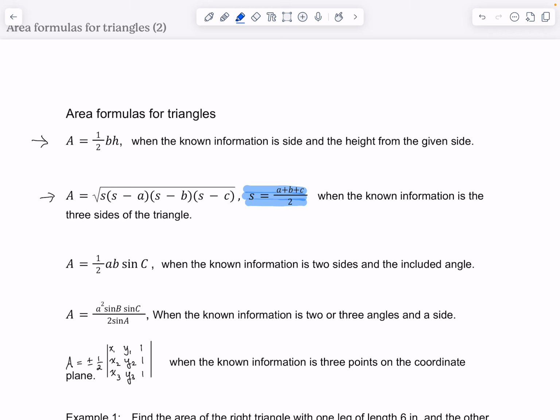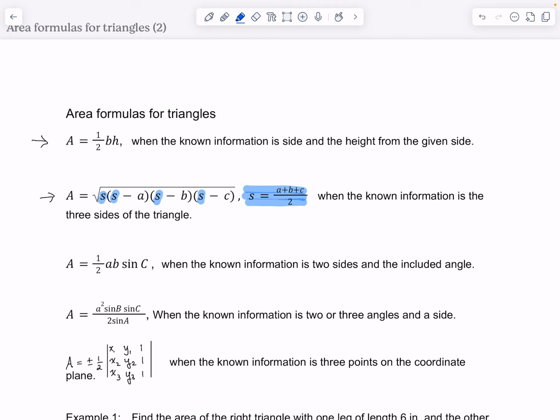That's our value of S. And then our area is equal to the square root, and make a long square root, of that numerical value S that we found, times the quantity S minus the side length A, multiplied by S minus the side length B, and then S minus the side length C, all under the radical. We'll simplify, and that will give us an area of a triangle when we know the three sides.